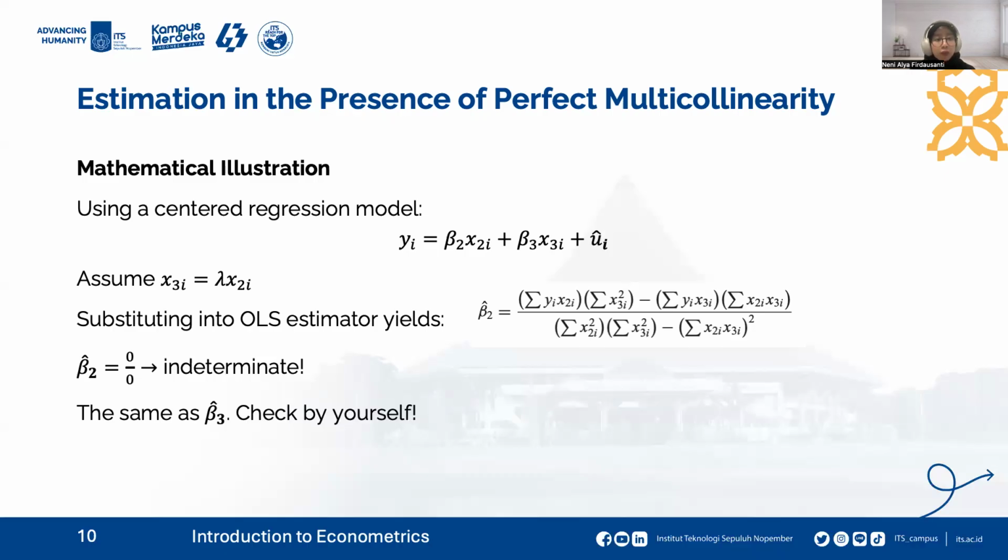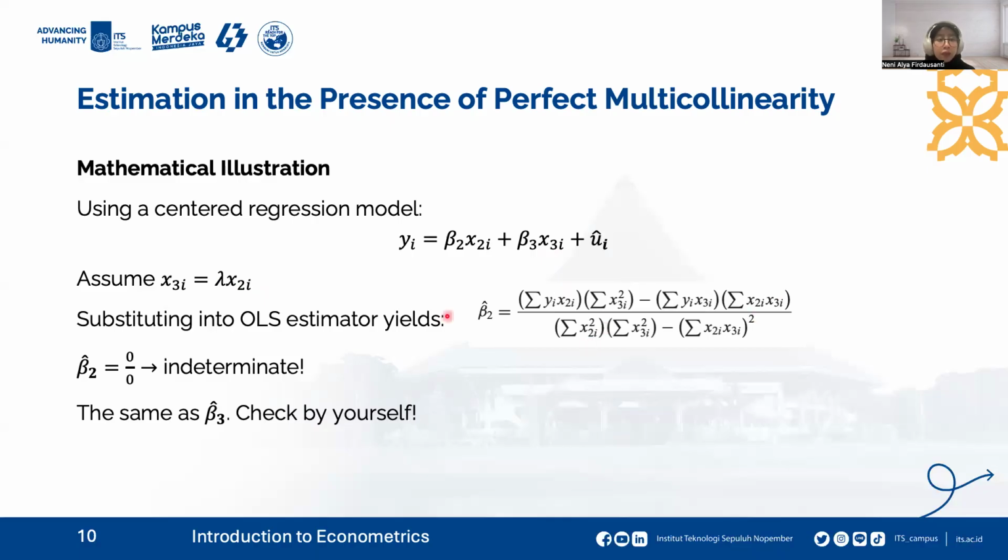So let's say this one. We have a regression model, yi equals this one, and then we assume that x3 equals lambda x2. If we calculate using OLS, beta 2 will be equal to this one here.